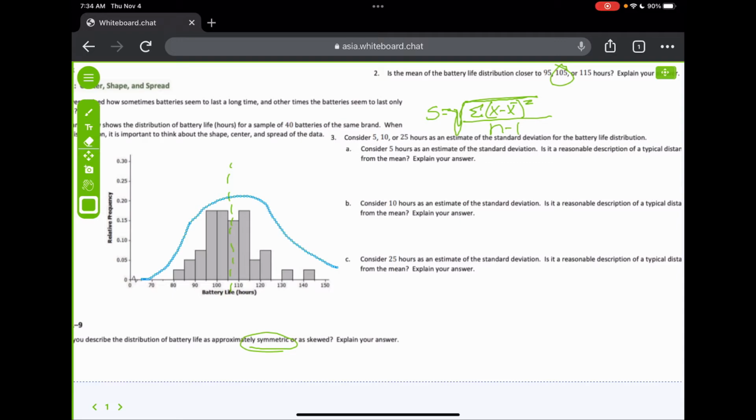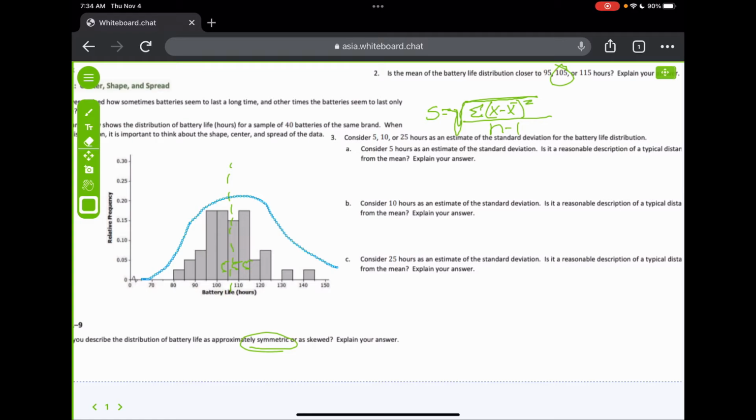So it's 5, 10, or 25. So how far away is each typical value? And if you look at that, we don't have a very big spread because these bars are 5 each. Okay. So it says, consider 5 hours as an estimate of the standard deviation.